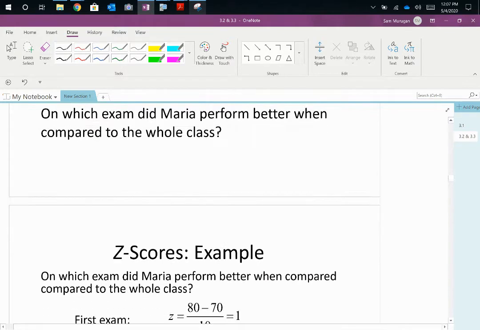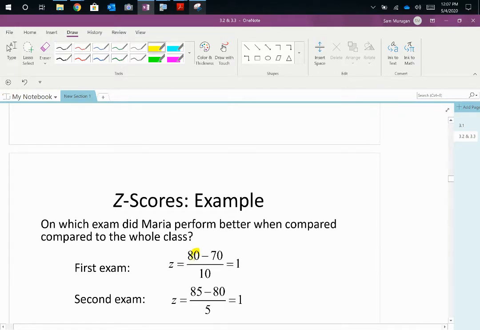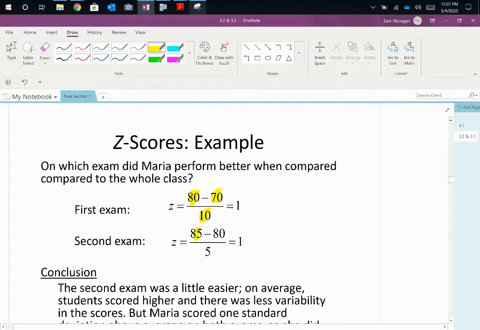So in the first exam, we can compute the z-score. She got 80, the mean was 70, the standard deviation was 10. In the second exam, she got 85, the mean was 80, the standard deviation was 5.